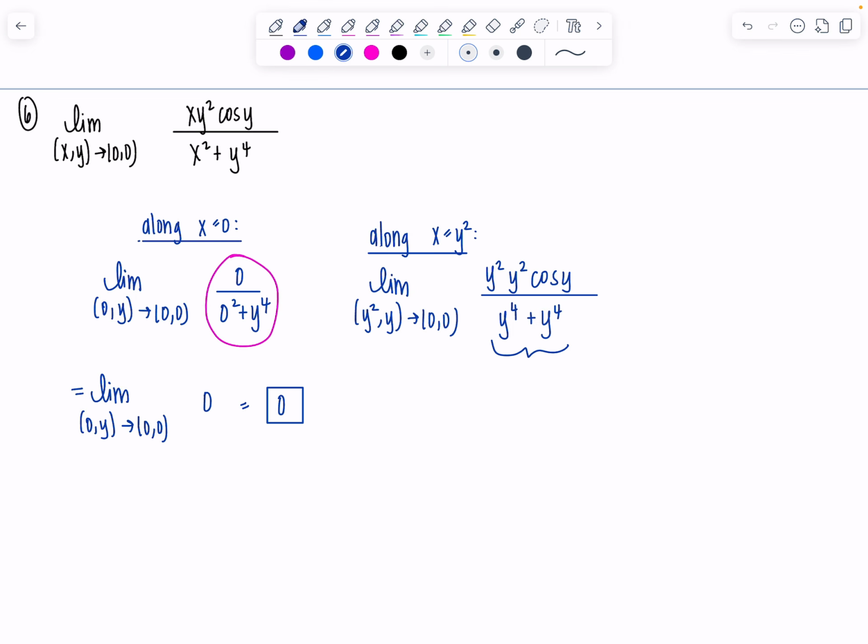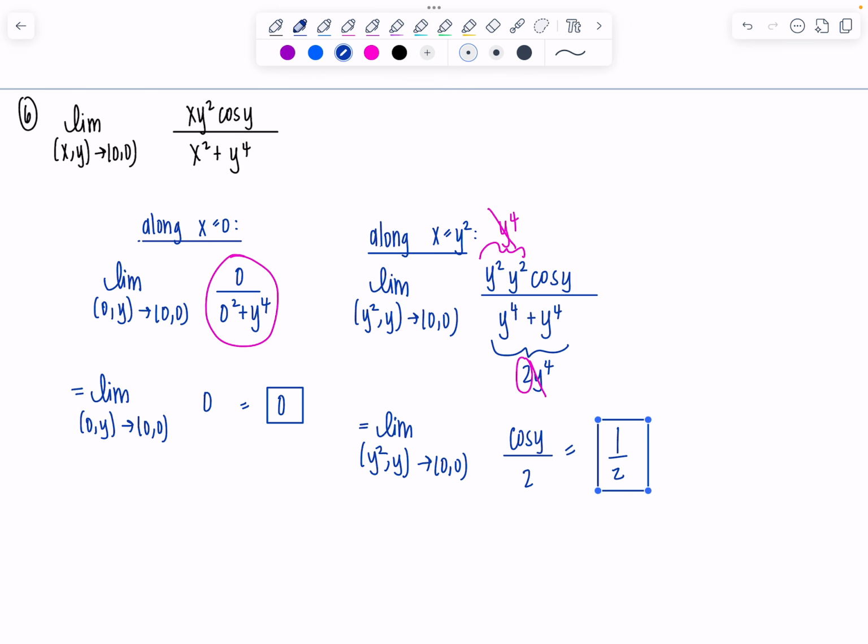Guys, this is 2y to the fourth. This is y to the fourth. This will cancel with this, just leave me with the 2 downstairs. Oh, this is working out fabulously. The limit as y goes to 0 of cosine y over 2. If cosine y is going to cosine of 0, which is 1, so we get 1/2. Boom. We got a different number already.